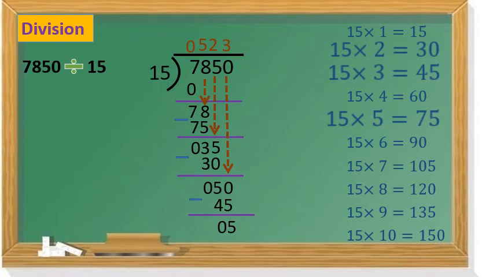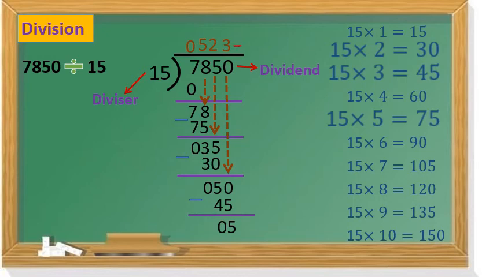Now we will see the different names of this division. See, this is called the dividend. And the number by which we divide is called the divisor. Remember these.